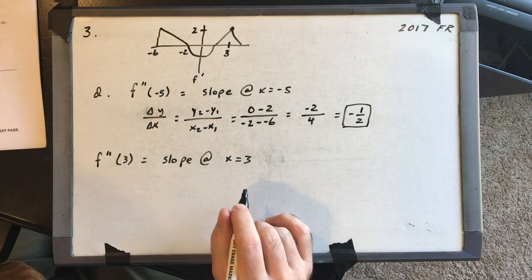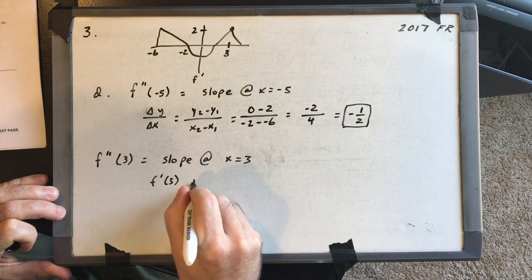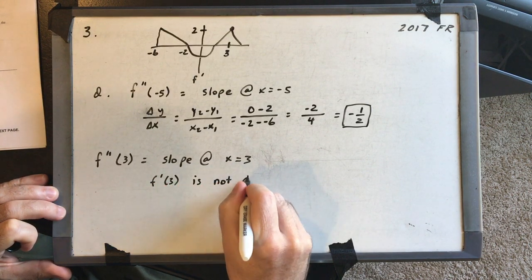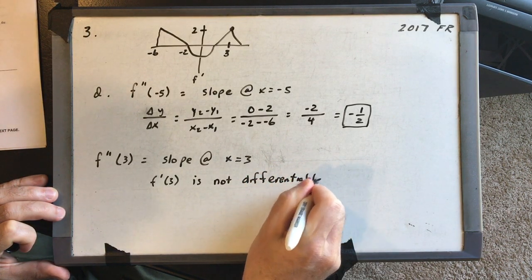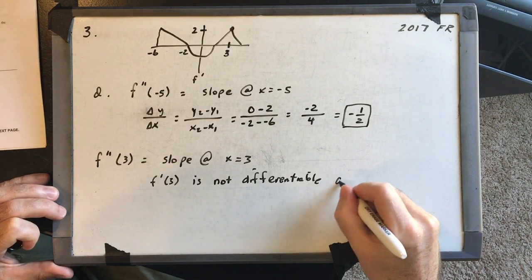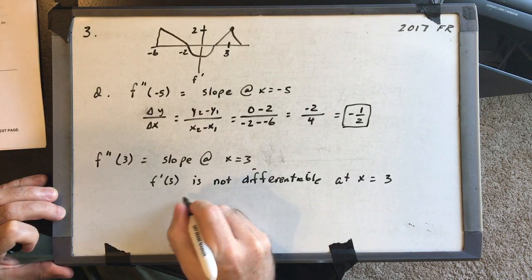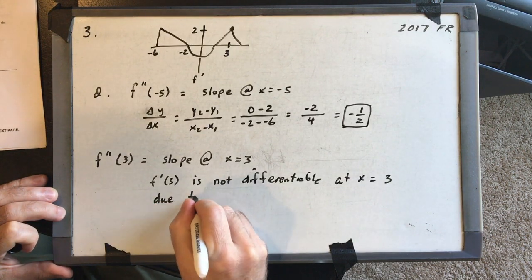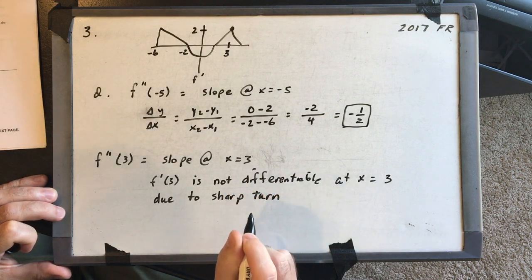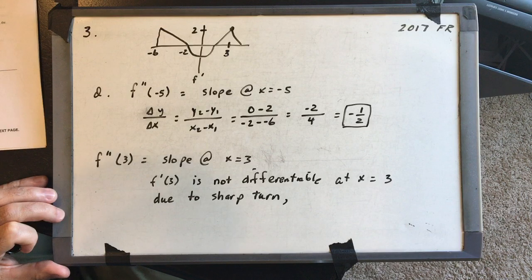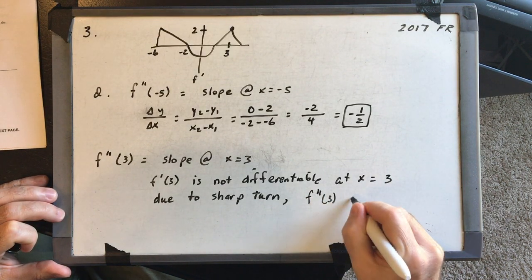Okay, so f prime of 3 is not differentiable at x equals 3 due to sharp turn. All right, so that means f double prime of 3 does not exist.